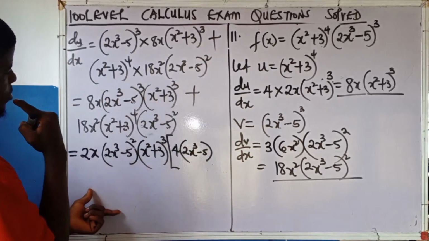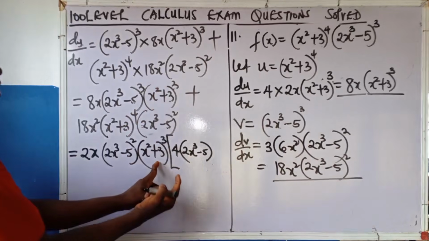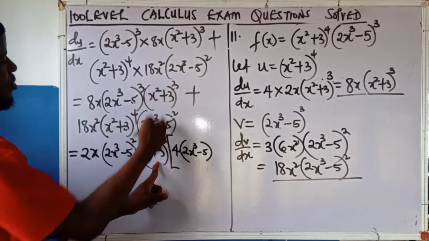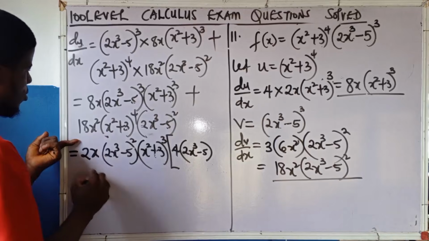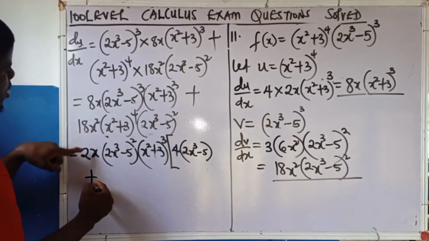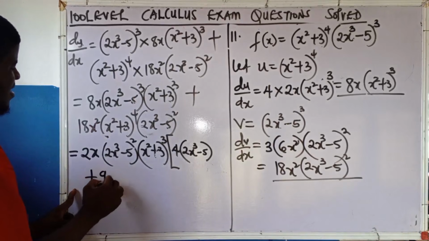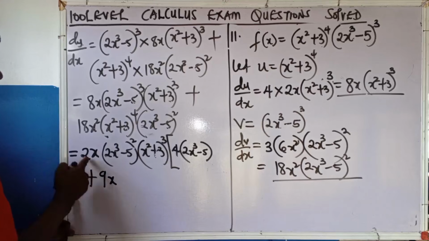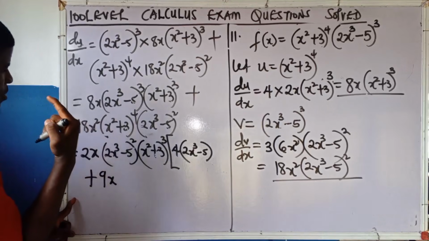Then I think I'm done with this. Okay, I brought out (x squared plus 3) cubed, which is exactly what is here. So they will cancel out because they have the same powers. Then I'll just write what is left from the other side, plus I brought out 2x from 18x squared. What's remaining? The remaining 9x. So that 9x times 2x is 18x squared. I hope you get what I'm doing.